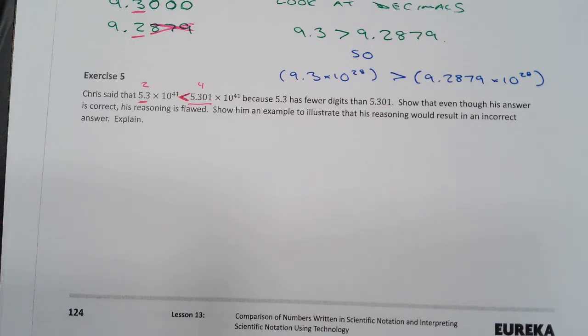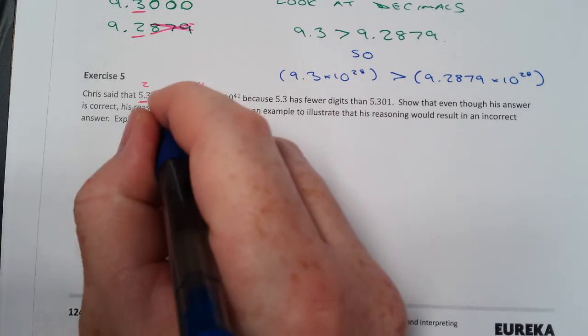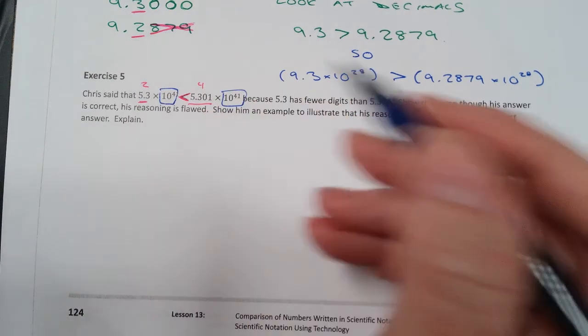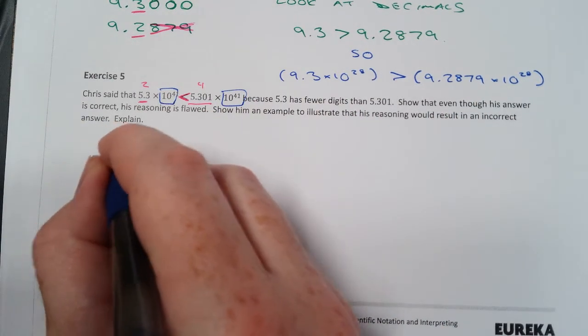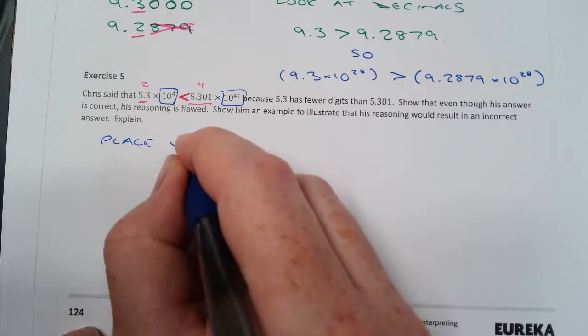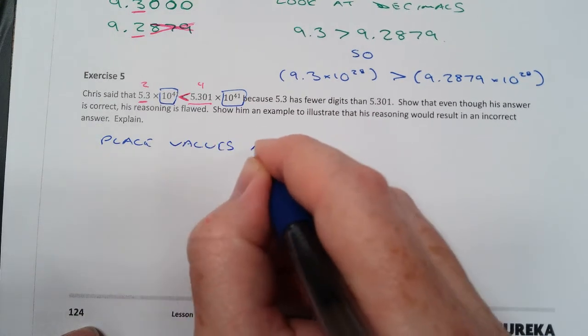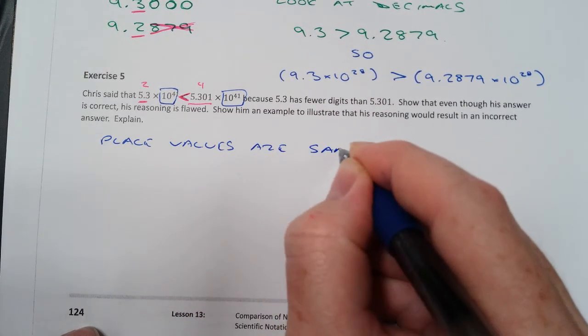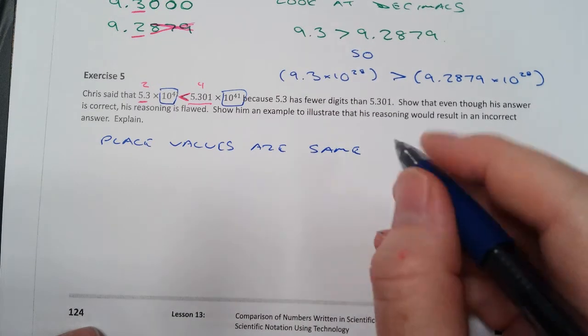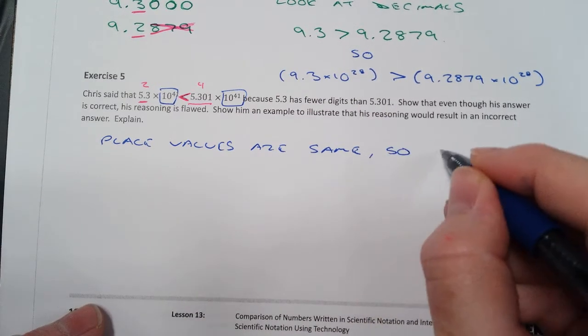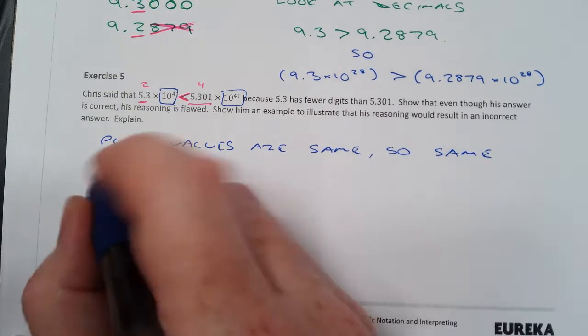His reasoning is flawed because he's making the same mistake people make. He's not looking at the place values. The place values are the same. And if the place values are the same, they have the same number of digits.